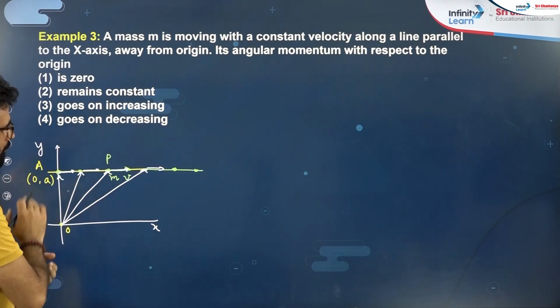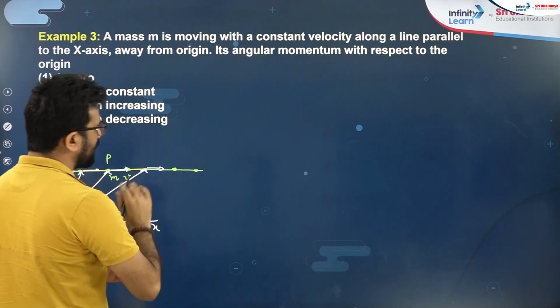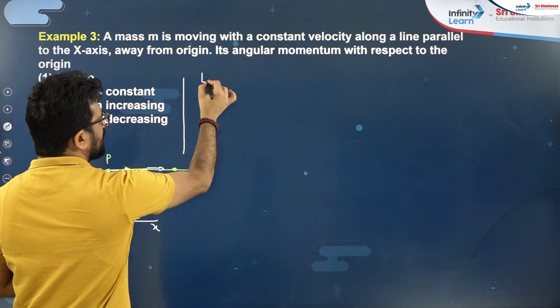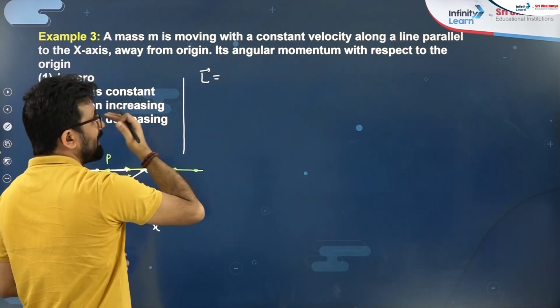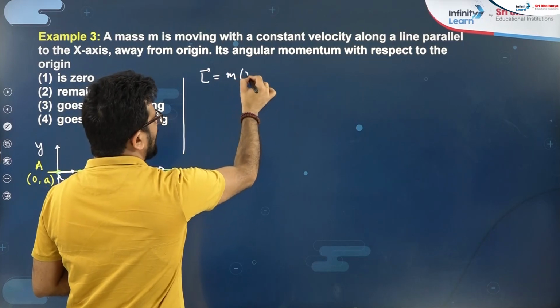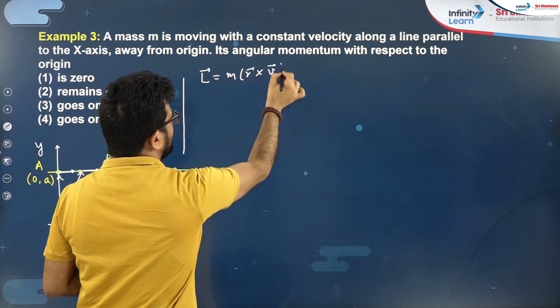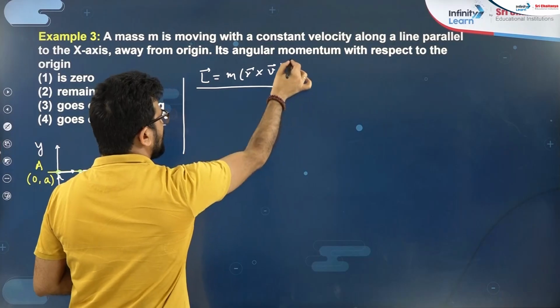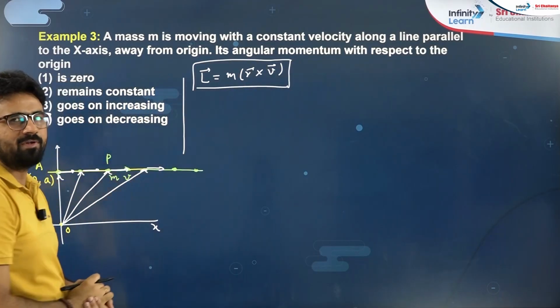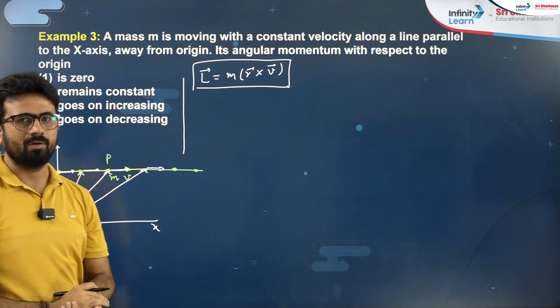Now we have seen one thing, what is angular momentum. I told you L is equal to m into R cross V. Now try to focus on the meaning of R cross V. First we are focusing on the direction only.